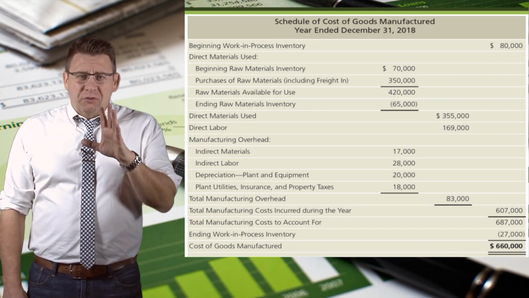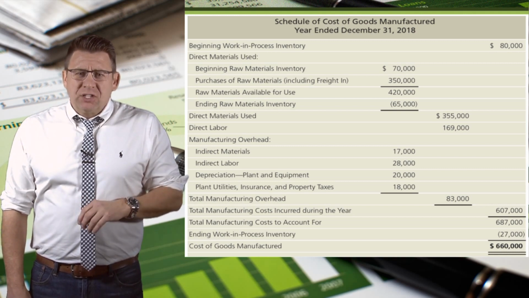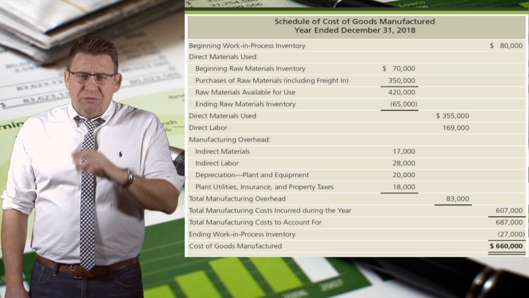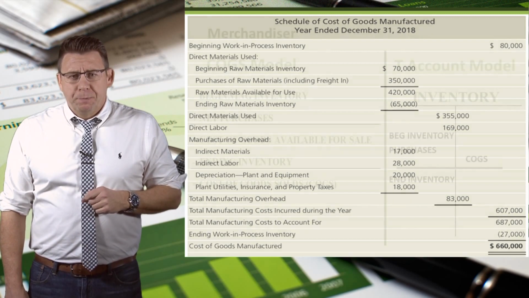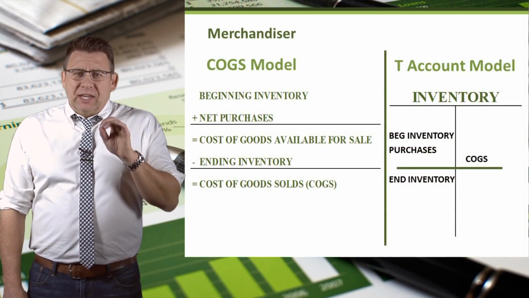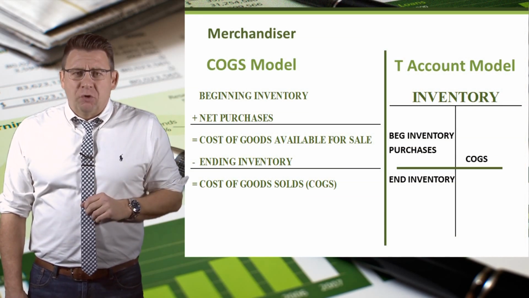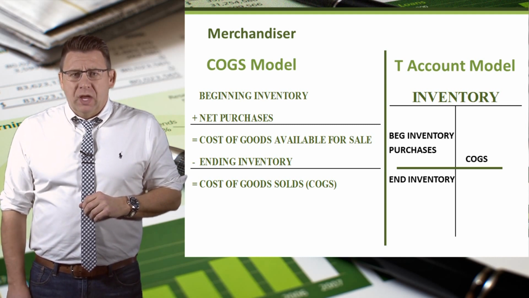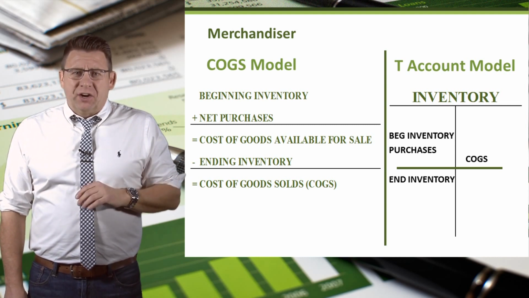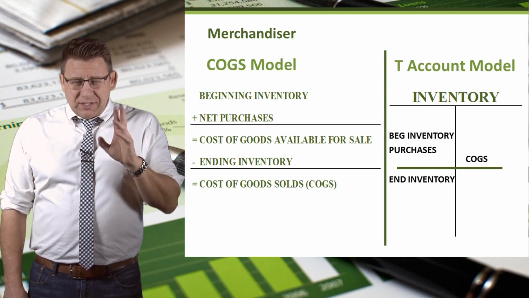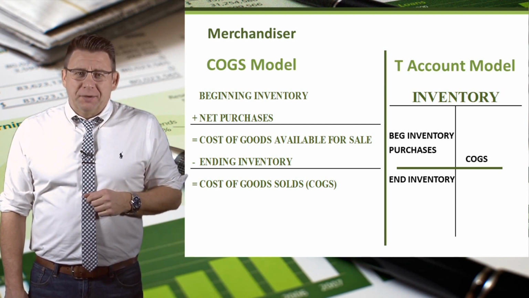But before you get overwhelmed with this example, let's go through the steps, and I think you'll find it pretty understandable. For starters, let's recall the cost of goods sold model from financial accounting. I've presented it two ways here in hopes that at least one of these ways is something you'll remember from financial accounting.